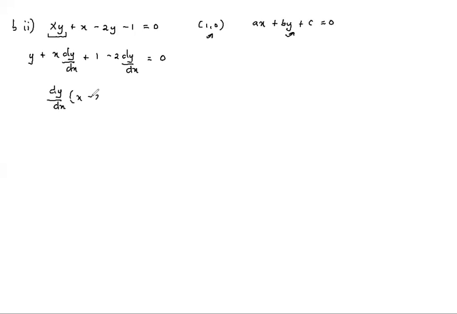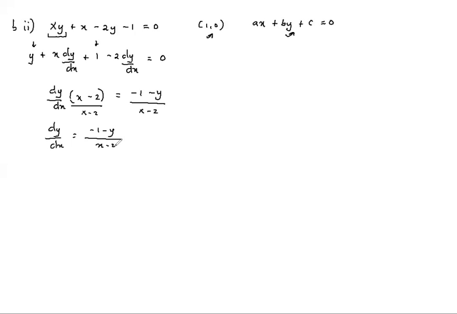So it's x minus 2 is equal to negative 1 minus y, since I've taken this and this to the other side. Then we divide by x minus 2. So we have dy/dx is equal to negative 1 minus y over x minus 2.